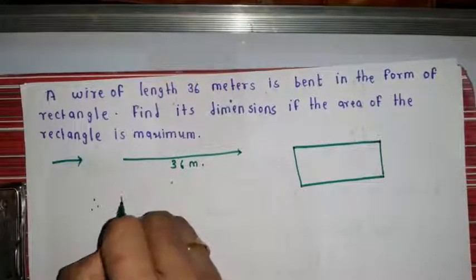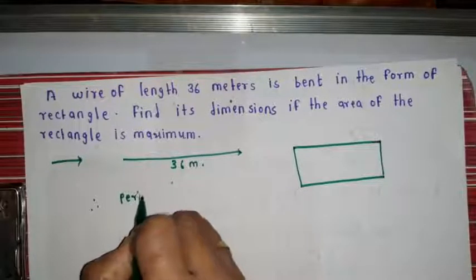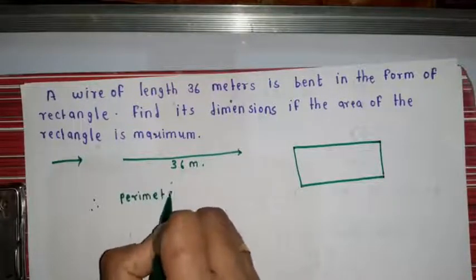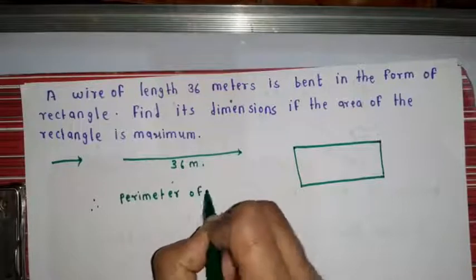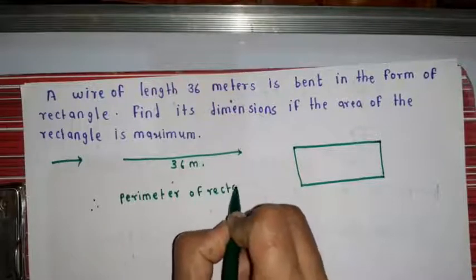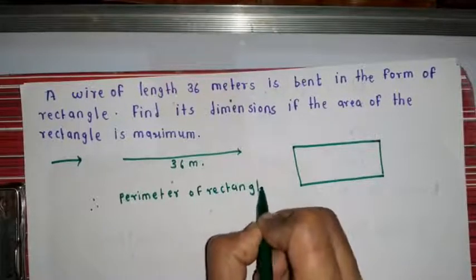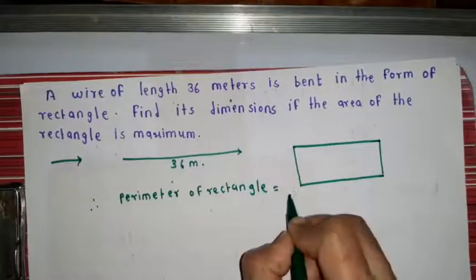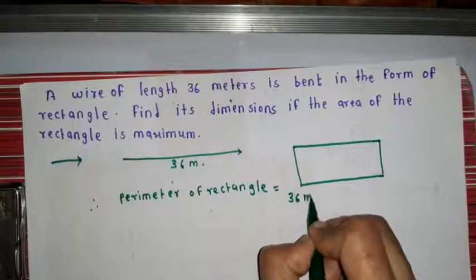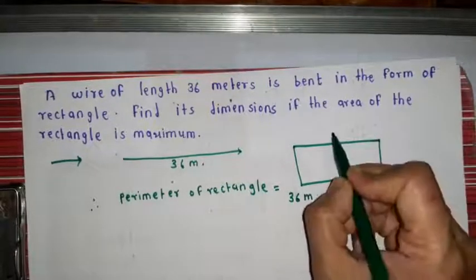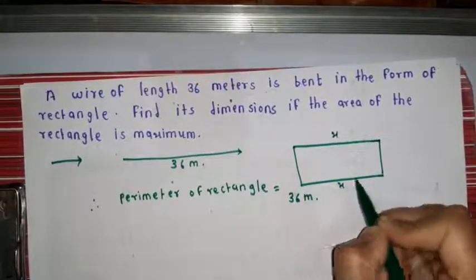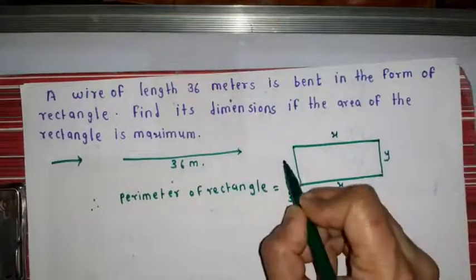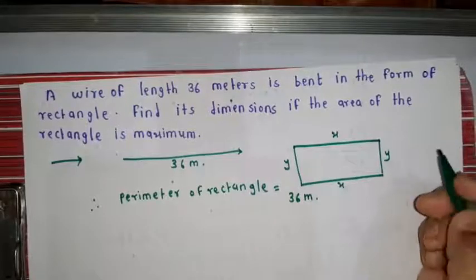Therefore the perimeter of the rectangle is equal to 36 meters. Now suppose this is the side x and the opposite sides are y.